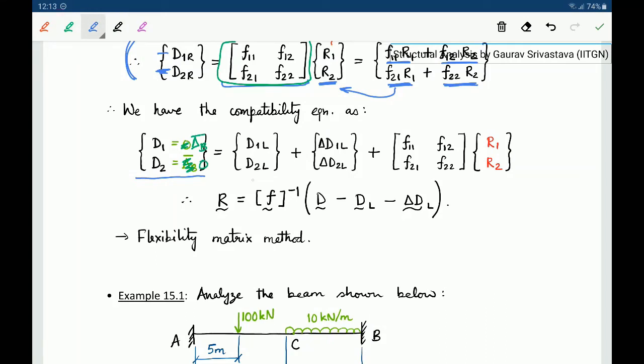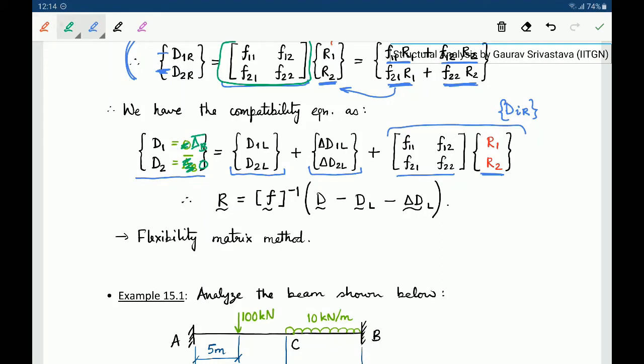Now this is equal to, so this is due to the applied loads, this is due to the applied joint rotations or movements at locations other than the redundants, and this is the DR vector. Okay, so now that becomes equal to a matrix F times a vector R.